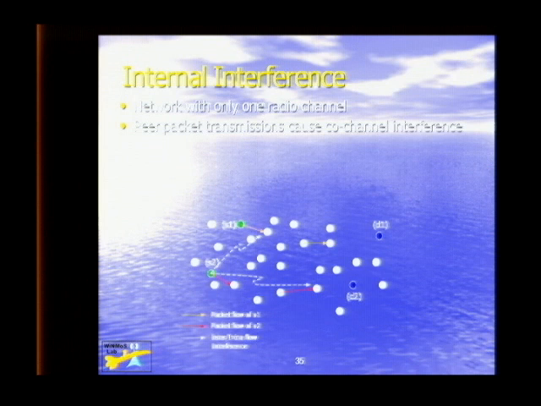For example, in this case, the orange arrows correspond to communication events that belong to the same flow, and the red ones similarly. The interference of S2 on this white node over here corresponds to an interflow interference, and the interference of S2 on this white node over here corresponds to an intraflow interference. And we would like to differentiate those two.